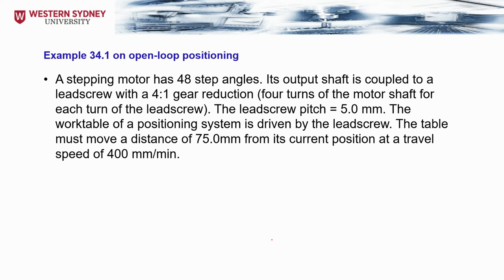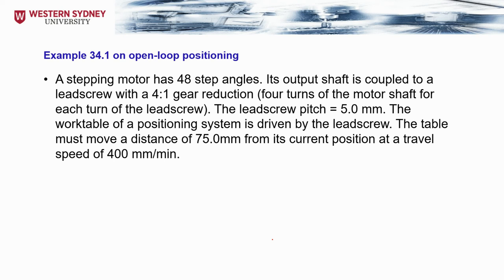Now we have a stepping motor that has a 48 step angle, and its output shaft is coupled to a lead screw with a gear reduction of 4 to 1. That means every 4 turns of the motor shaft results in 1 turn of the lead screw. The lead screw pitch value is 5 millimeters.